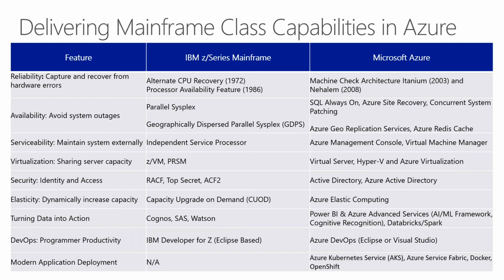The virtualization actually started on the mainframe, but certainly we have that in Azure. Certainly, we have to account for the different types of security that you have, and the mainframes sometimes call compute on and upgrade on demand. Well, we've got elastic computing within Azure.